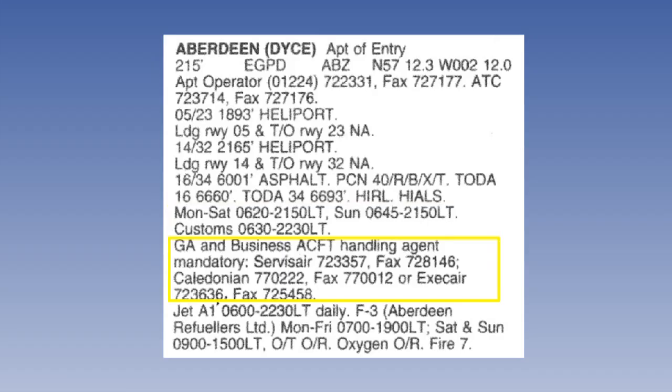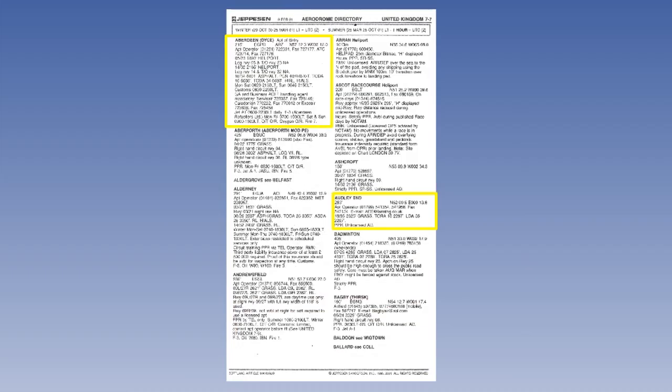The telephone numbers for the general aviation and business aircraft are shown next. Finally, are listed the times of availability of Jet A1 and F3 fuel. Oxygen is available on request, and the fire cover is standard 7. This is the standard layout for all entries in the directory, although each one may not contain all the information we have seen. Compare this with Alderney in the right-hand column.